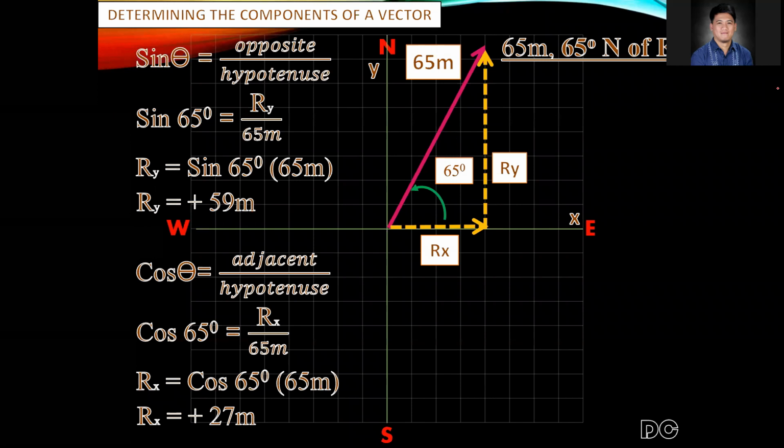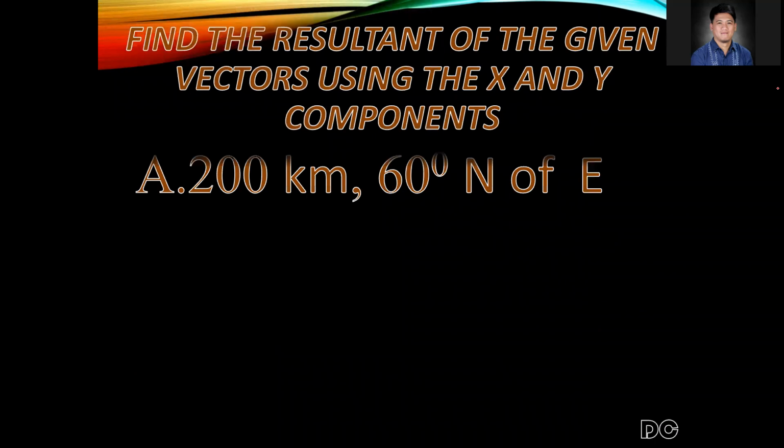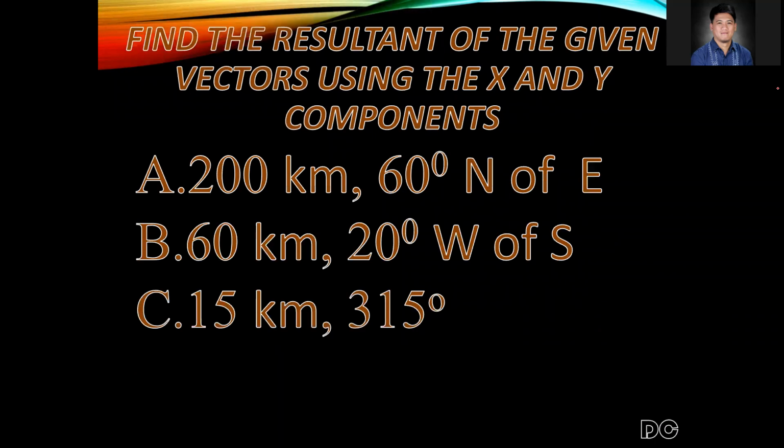How do we identify the resultant of these vectors? What if we try to solve for the resultant of three non-collinear vectors? So these are three non-collinear vectors.